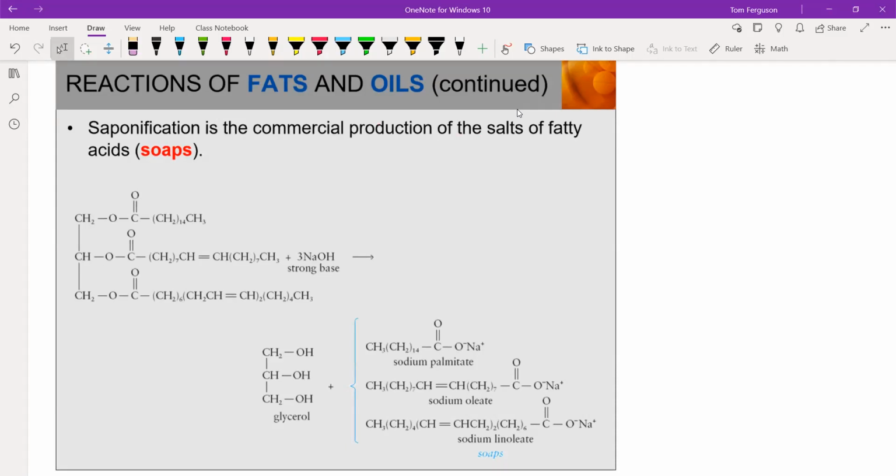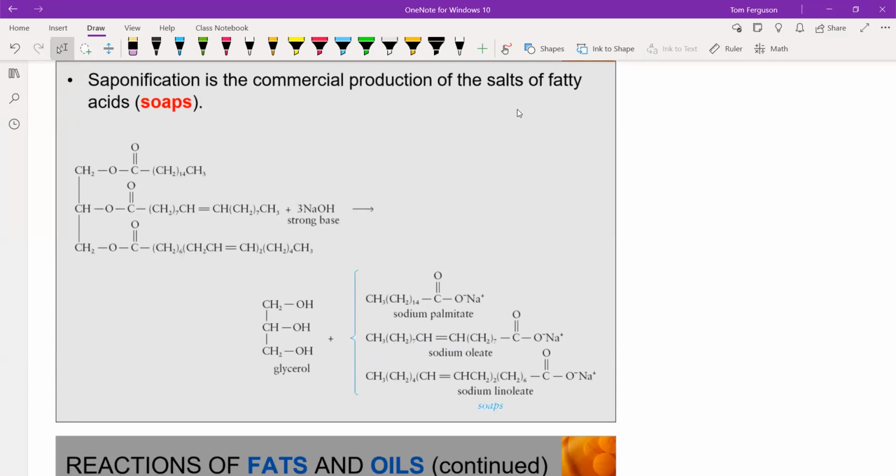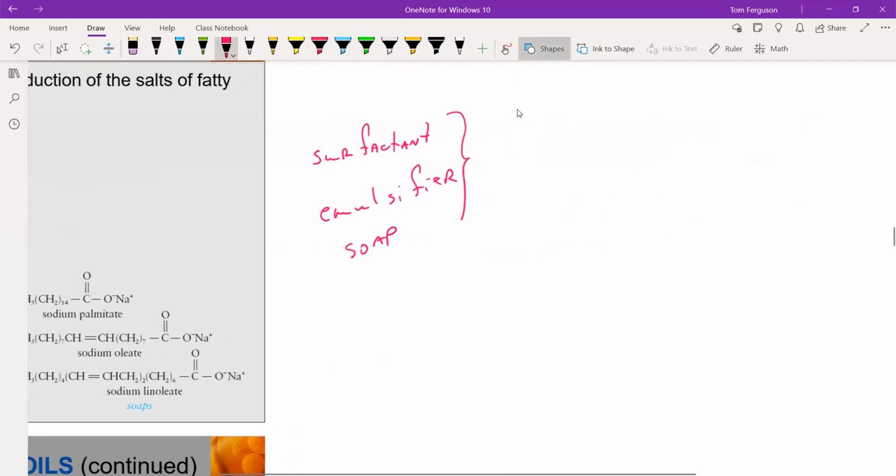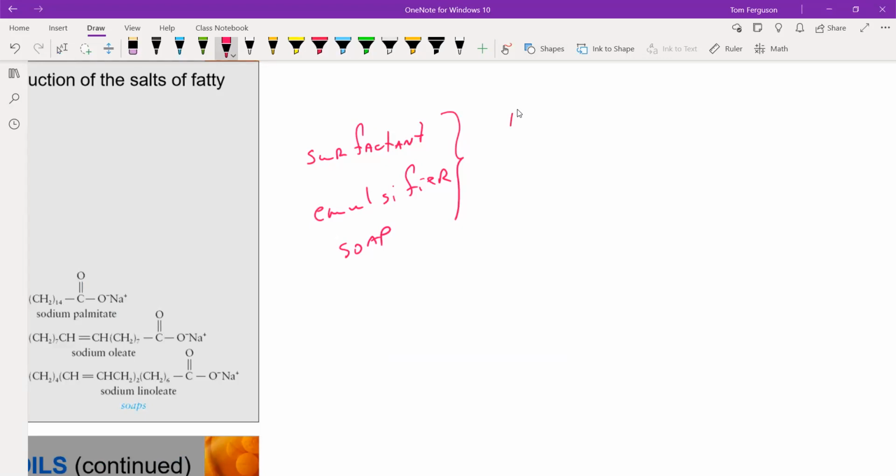And this is what we're doing today, or this week, making soap. Now, one of the important things, the surfactants, emulsifiers, and soap require no exceptions.